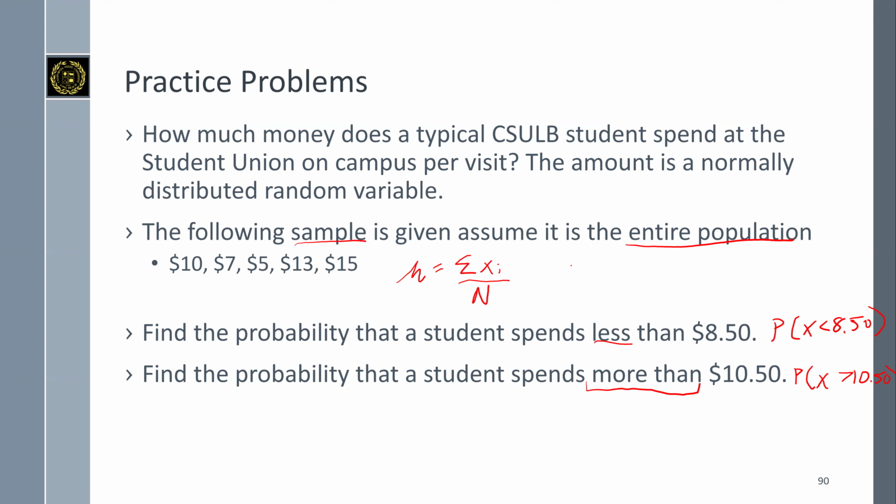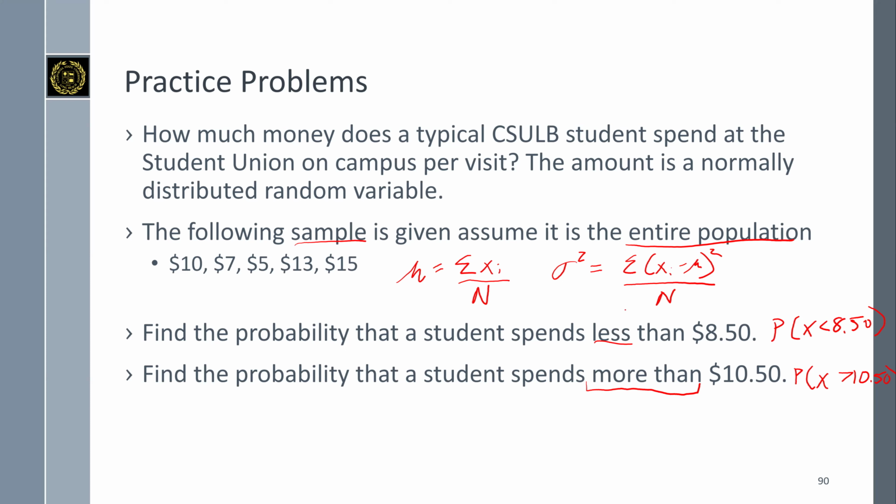That's for mu. And then for our standard deviation, in order to get to standard deviation, we know we have to have variance. So the formula for population variance is here. And it's all over the capital N. Remember, if you look back to sample variance, go back in your notes, look at sample variance, it's lowercase n minus 1.